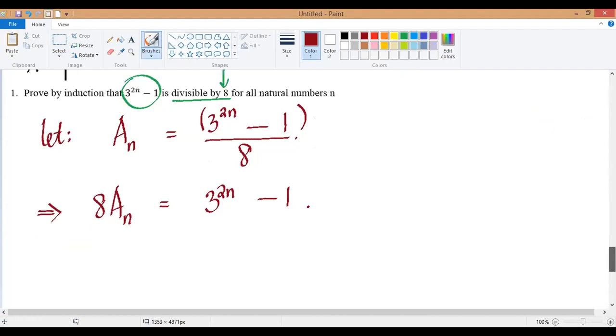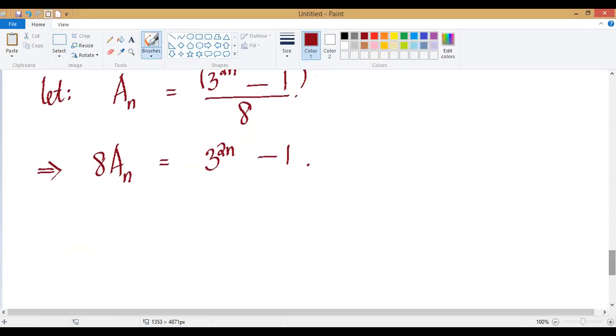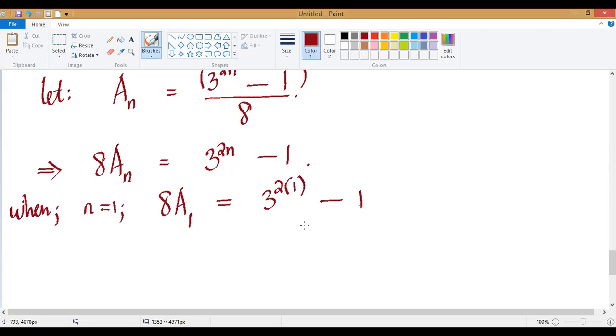So for that divisibility to be true, we are going to first check the first two values. When n is 1, you will be looking for the first constant after dividing, which is 3 to power 2 into 1 minus 1.